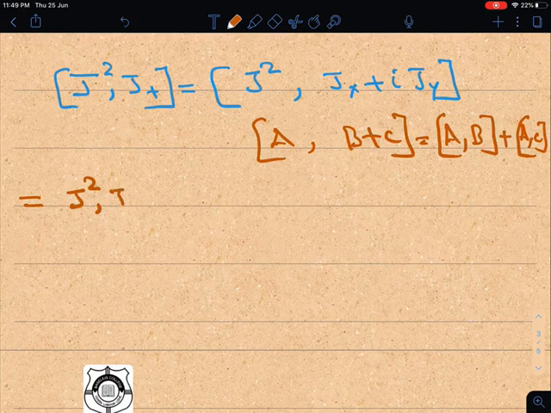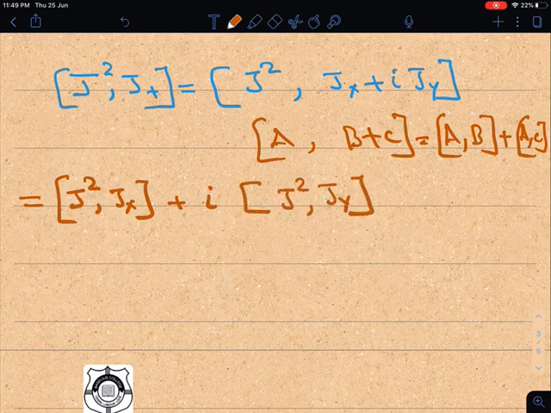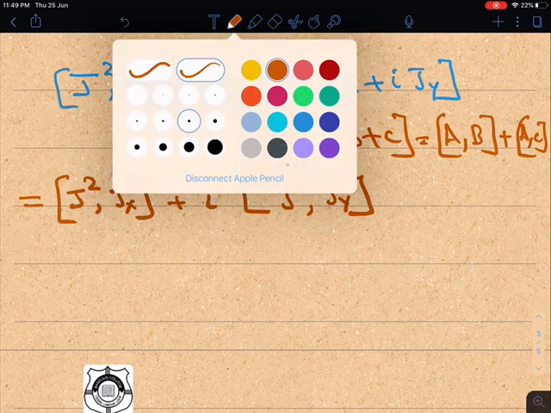It will become the commutator of J square with Jx, plus i, which I put outside, the commutator of J square with Jy.